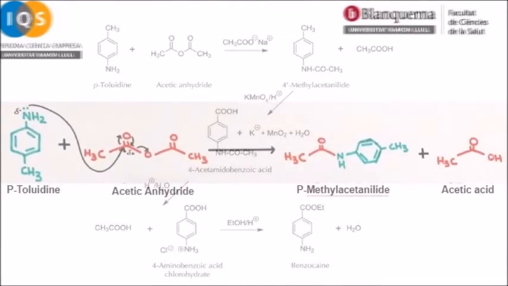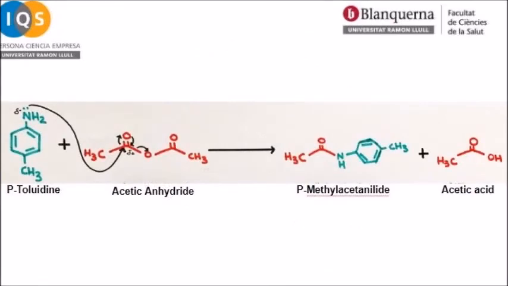We are going to explain the first step, which is the acetylation. Acetylation is carried out using acetic anhydride in a nucleophilic addition reaction to add an acetyl group on the amine group. This, in turn, produces the acetanilide group. The nucleophilic nitrogen attacks the first electrophilic carbonyl on acetic anhydride.